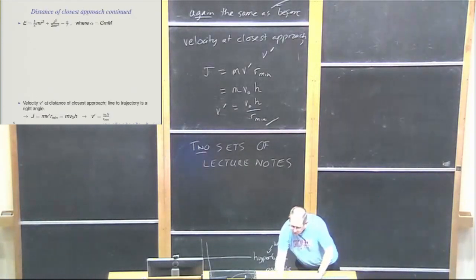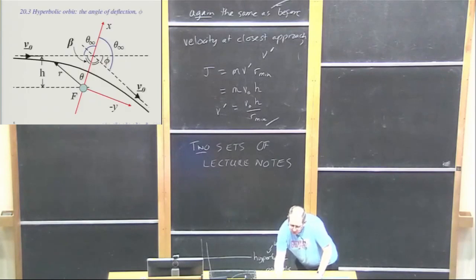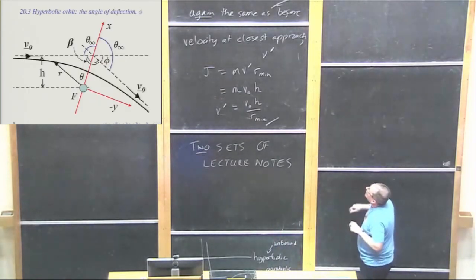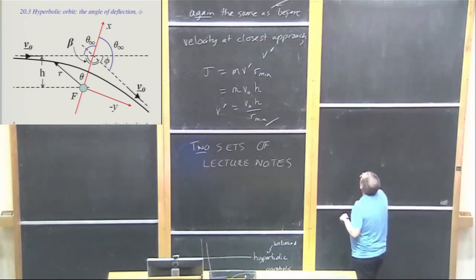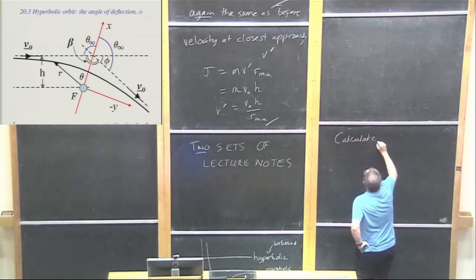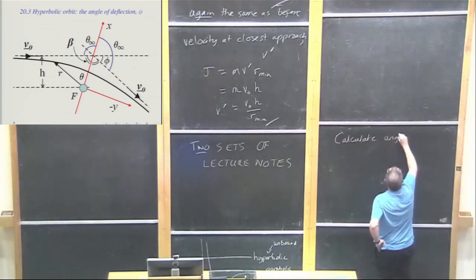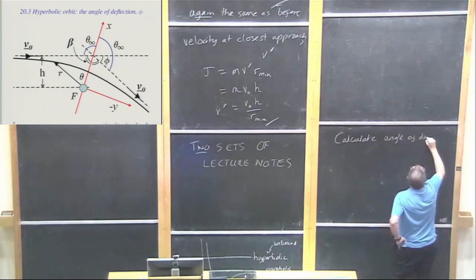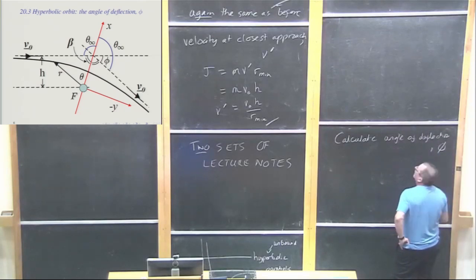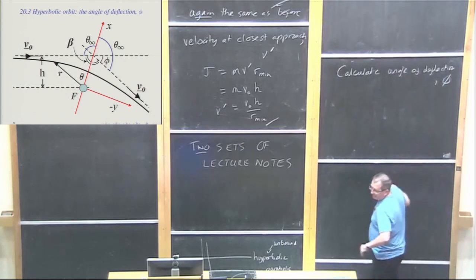Right, so now let's move on to something slightly different, which is to calculate the angle of deflection, which is phi. Here's a nice big blown up diagram.